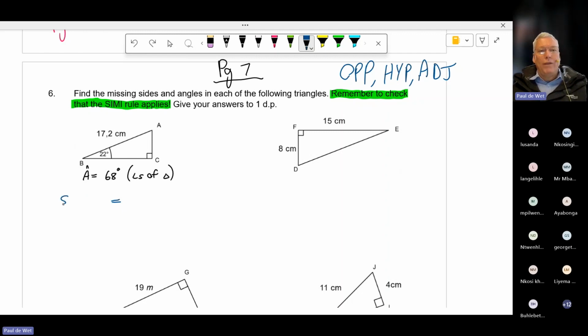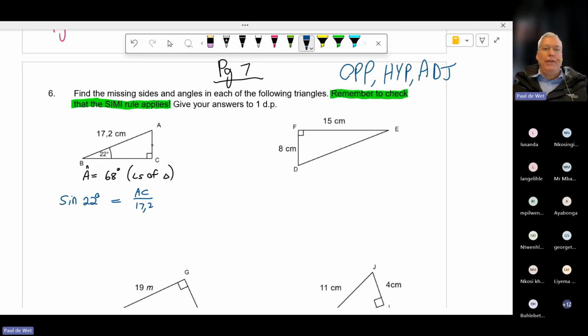Sine of 22 will be what? It'll be AC over AB, and I know what AB is, 17,2. Guys, can you see why this is?